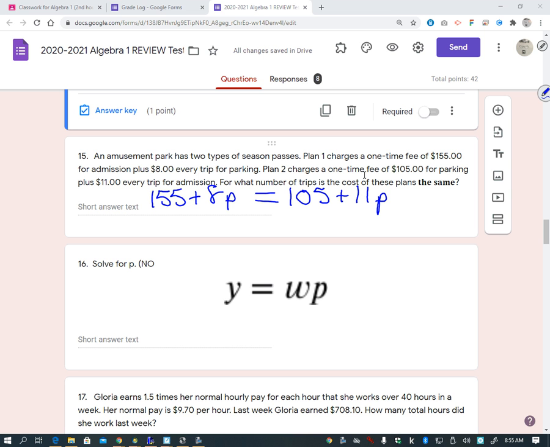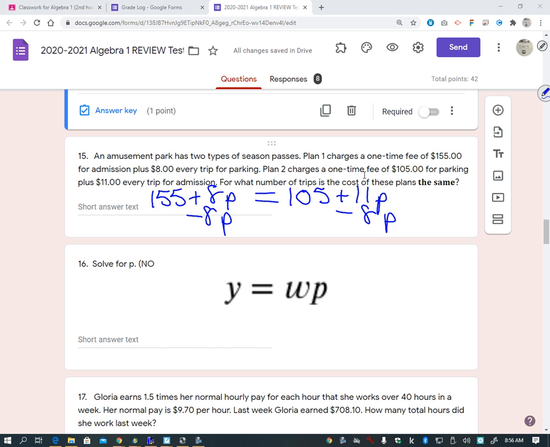So what do we do? Sanchez, what is it? Subtract 8P from both sides.